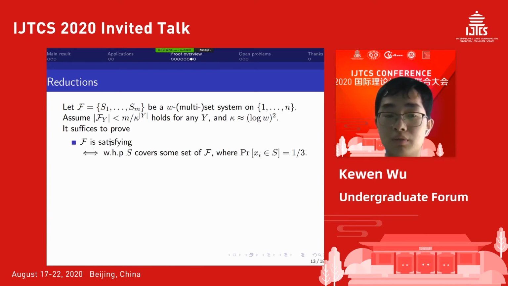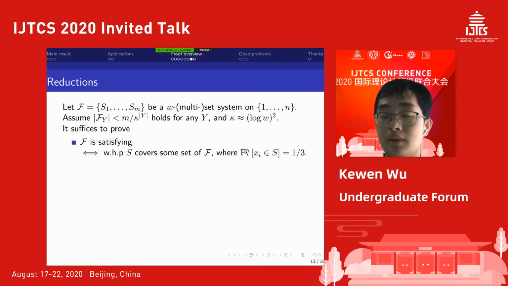It suffices to prove that this set system F satisfies the following, which is equivalent: with high probability, let's sample a set S from the ground set, and this set S will cover some set of F with high probability.